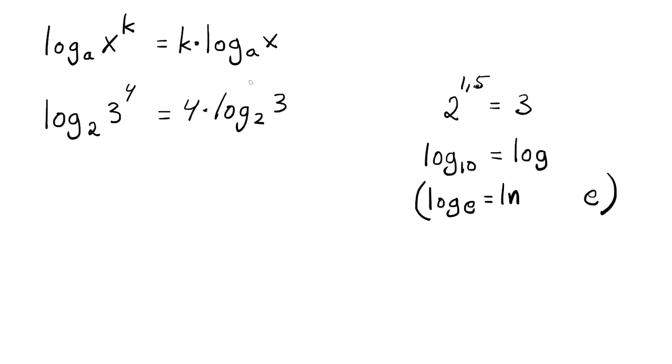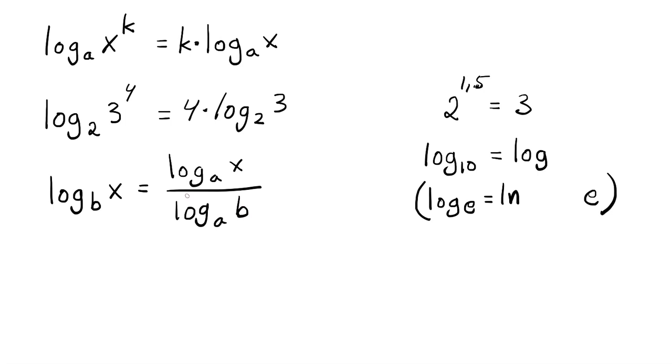So how can we figure this out now? Then we can use the fourth rule of logarithms, and that gives us a rule for changing the base of the logarithm. So if you have log b of x, then the rule is log a of x divided by log a of b.